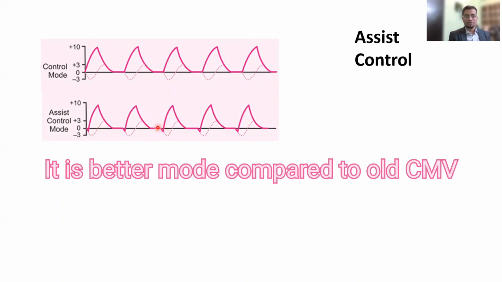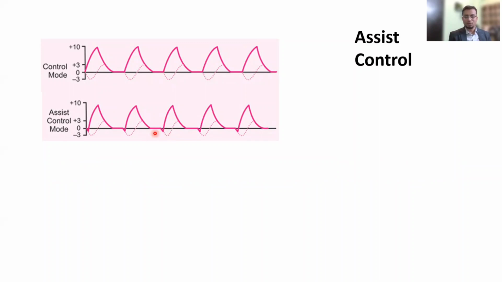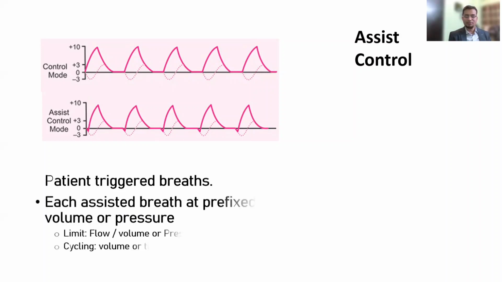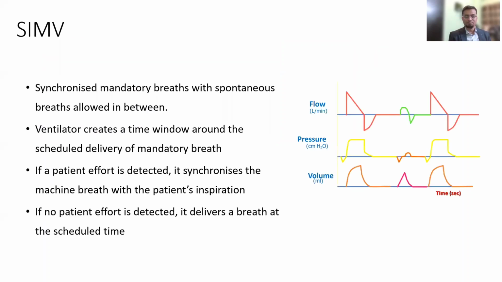Patient participation is required to trigger the ventilator. The limit is flow or volume in volume control, and pressure is the limit in pressure control. Cycling will be as in CMV, either volume or time cycled.